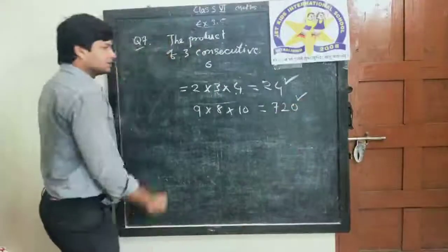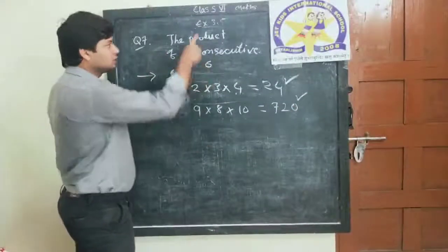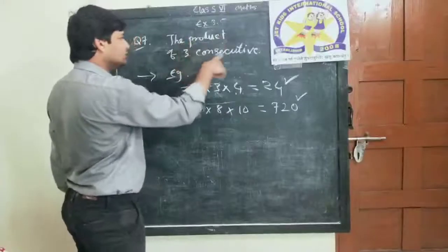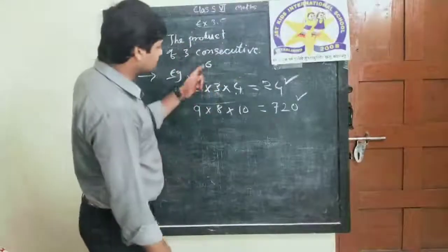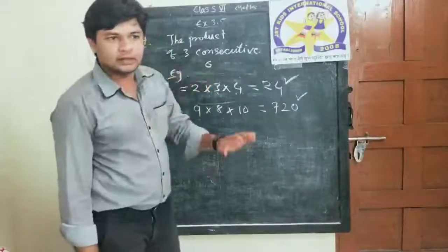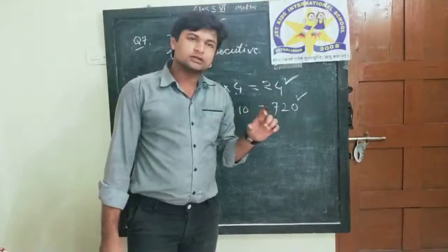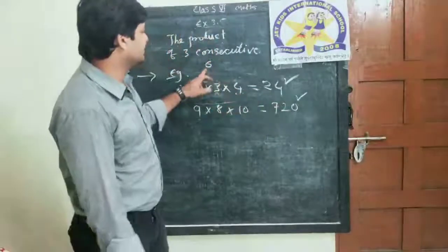So you have to write the answer and give an example to verify the statement. The product of three consecutive numbers will always be divisible by 6. A new property you will learn: if you take the product of three consecutive numbers, then it will definitely be divisible by 6.